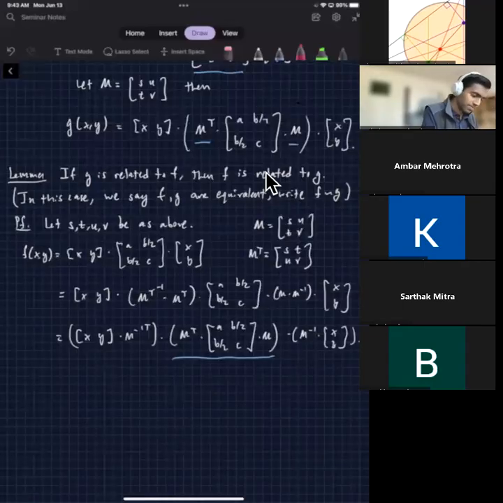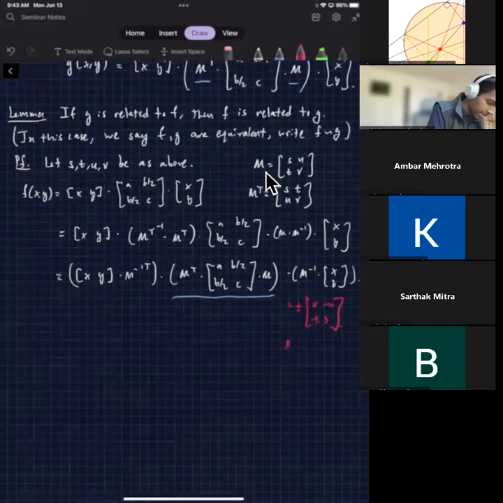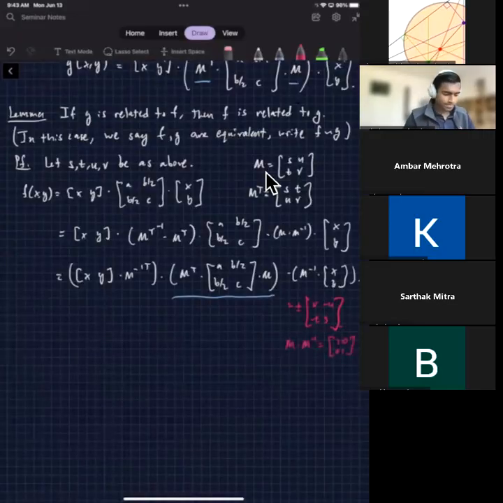M inverse is going to be plus or minus (V, minus U; minus T, S). So M inverse is the matrix with the property that M times M inverse is equal to the identity matrix. And you can check that this matrix I've written down in red will have that property.